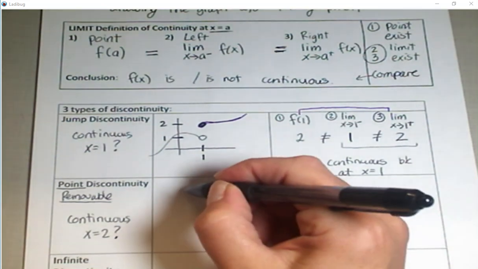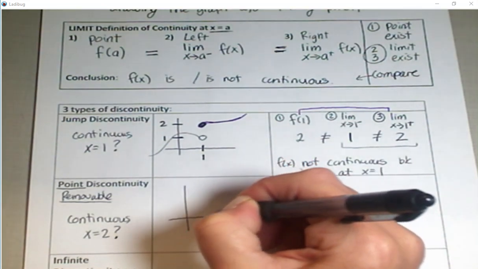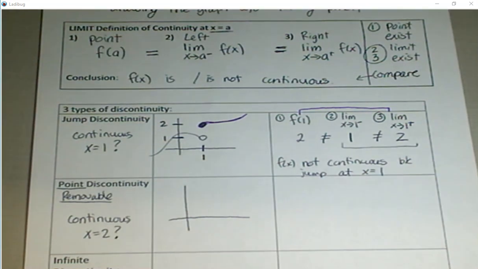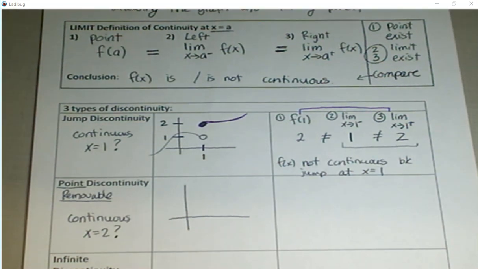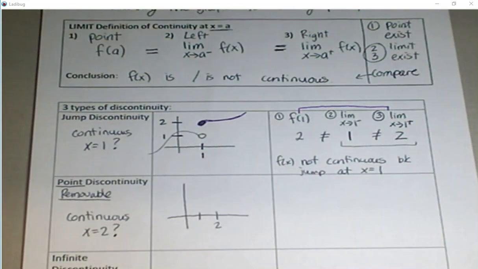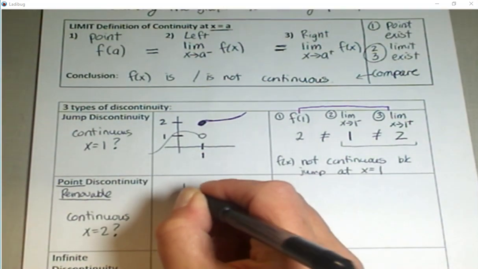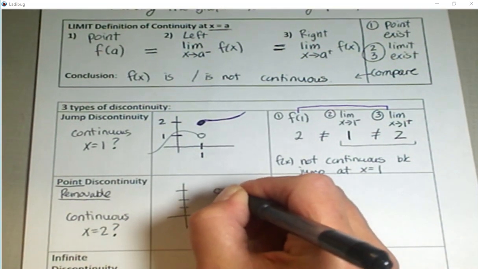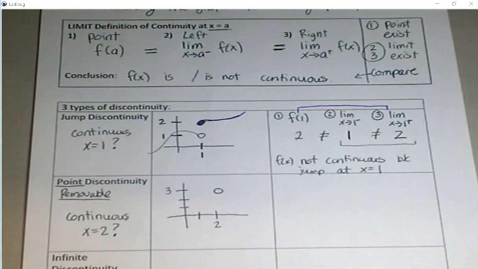And we're going to draw a picture. And then we're going to do the same thing. And we're going to look at how the 3 statements play out as we look at the continuity of this.